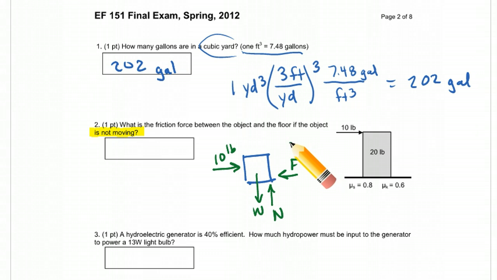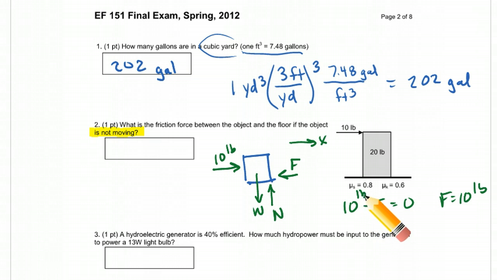Okay, if we look at forces in the positive x, we would have 10 minus F equals 0, or F is simply 10 pounds. You don't use this information because we know it's not sliding, and we don't know if it's impending motion or not.